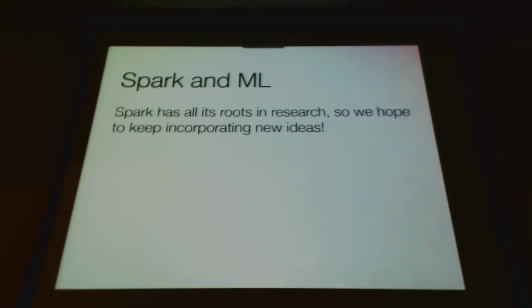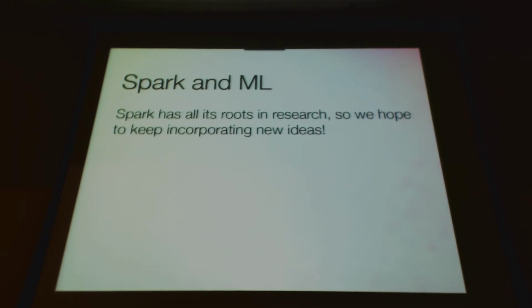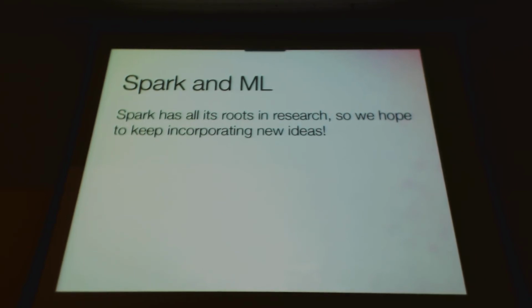Yes. Are there any plans for things like locality-sensitive hashing or spectral hashing? So LSH. Let me repeat the question. Is there any plan for locality-sensitive hashing, or what was the other one? Spectral hashing.